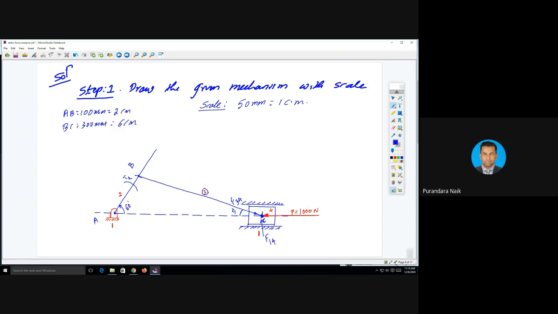From step one, what is the angle? That's why I told you to draw this with actual scale, because we need to have an angle. Can anyone measure and tell me the angle?